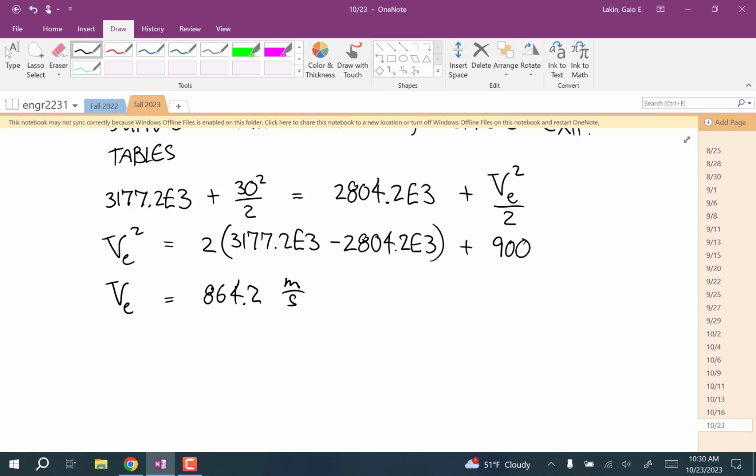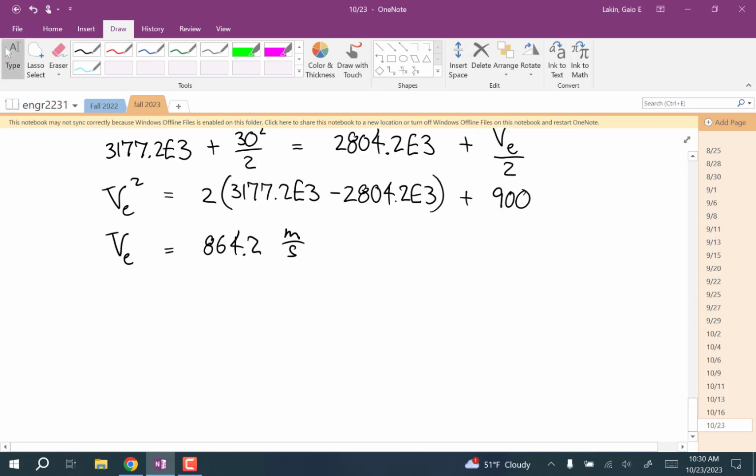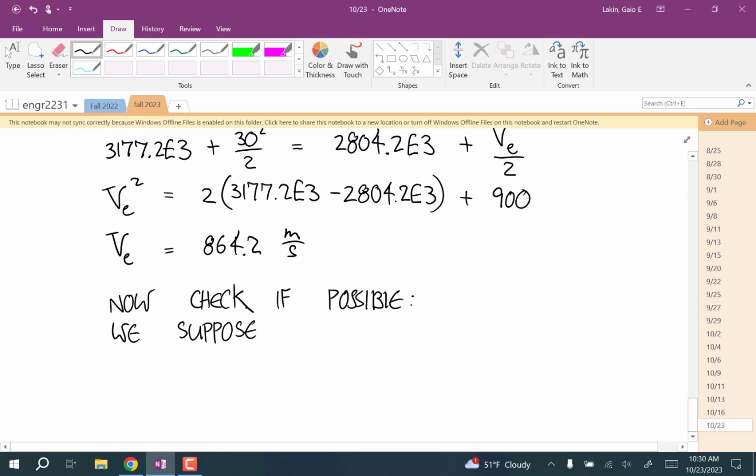Okay, well, we suppose that this was the exit and the other one is the inlet. So now we're going to check. So the way we have it, what did we suppose that this is?